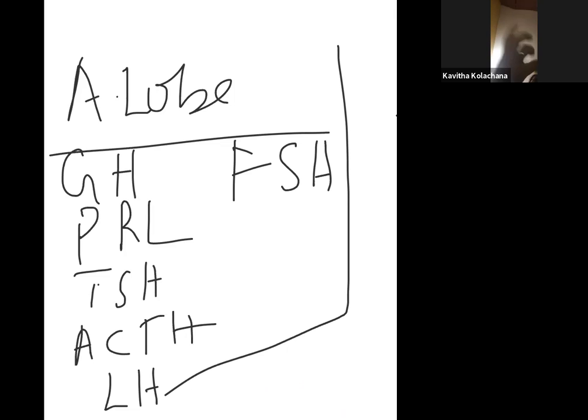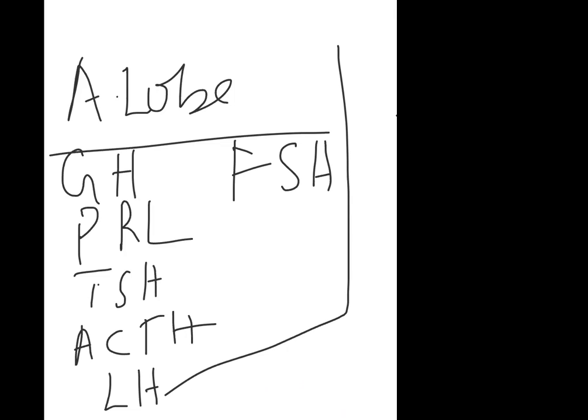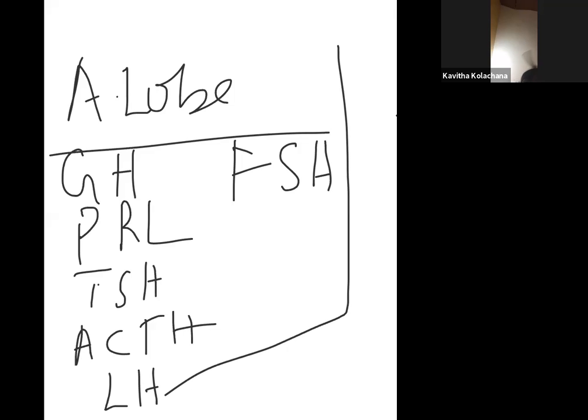ACTH is for secretion of adrenal cortex hormones, glucocorticoids and mineralocorticoids from the adrenal cortex. LH and FSH are both involved in the development of the ovaries. So this will be the first lobe.